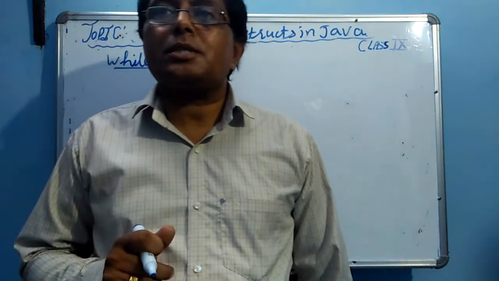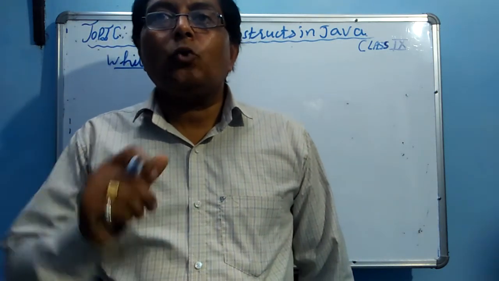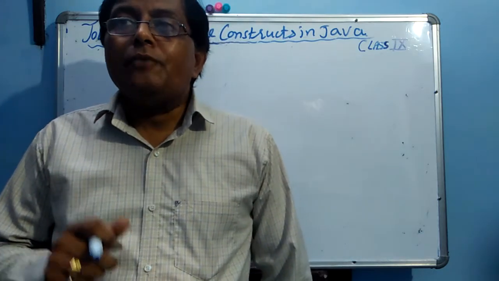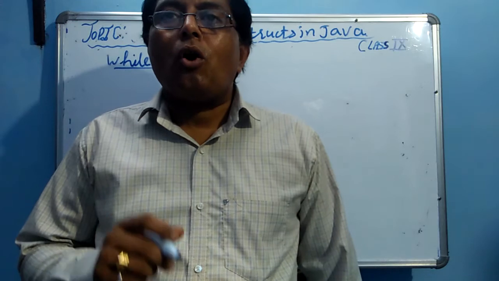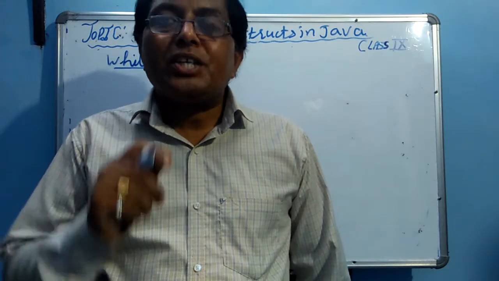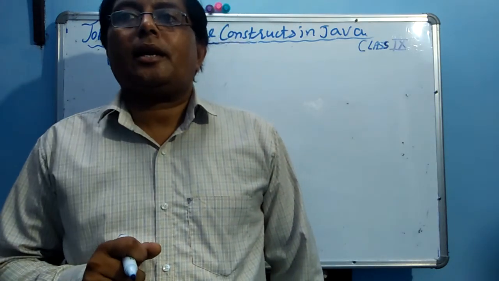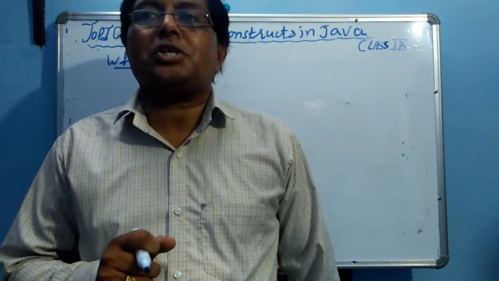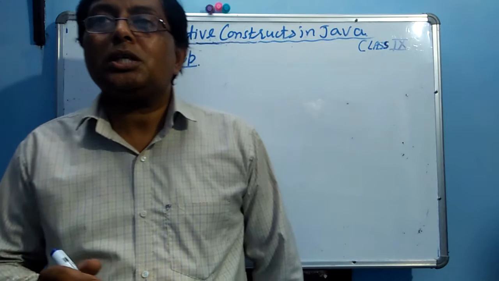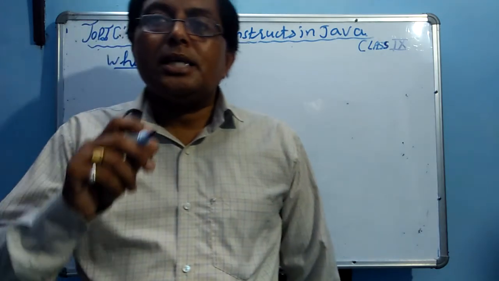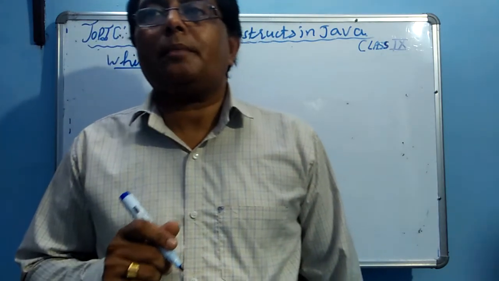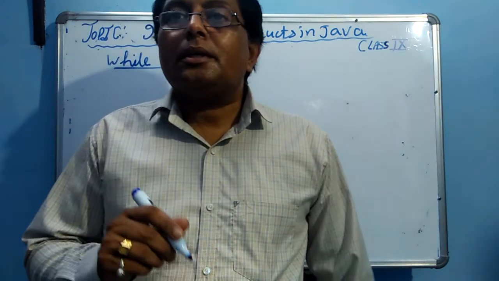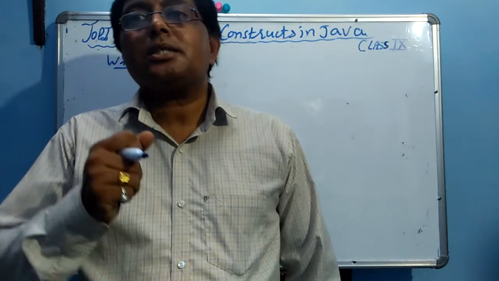So the Java language provides a looping structure in which the number of iterations is not known, called unfixed iteration. In this situation, a set of statements is executed till the given condition is true.